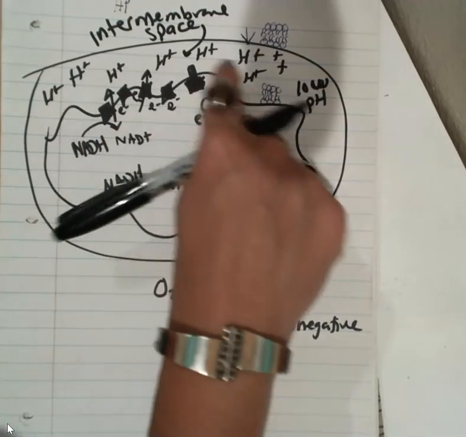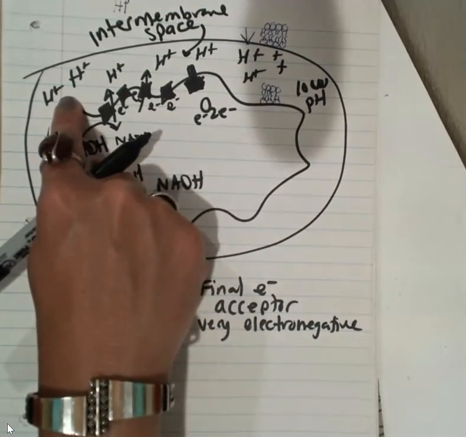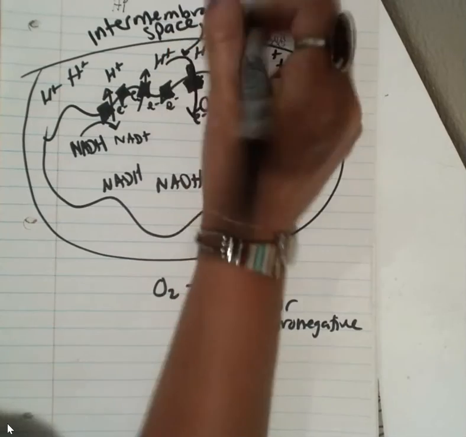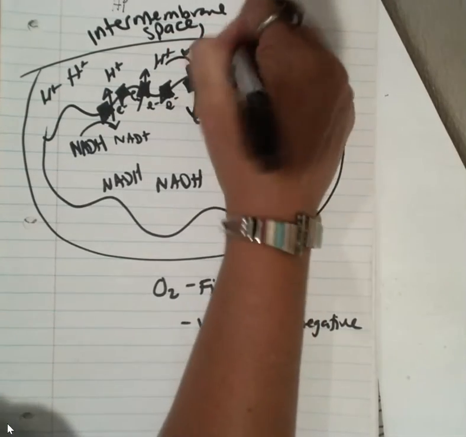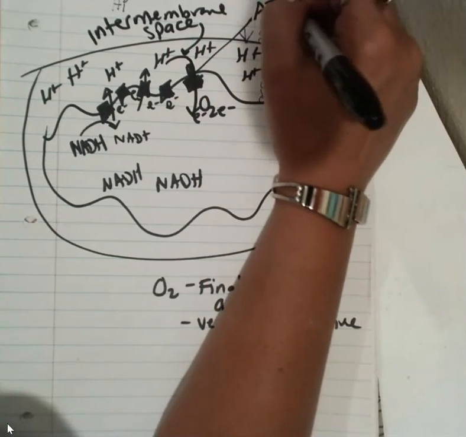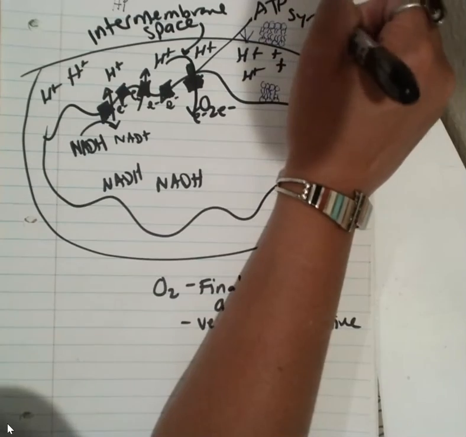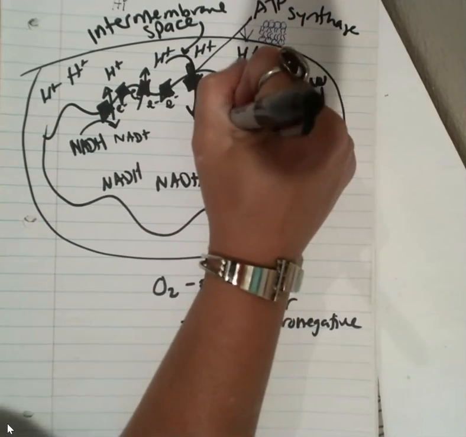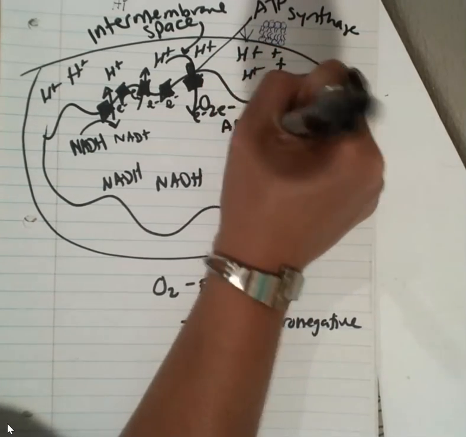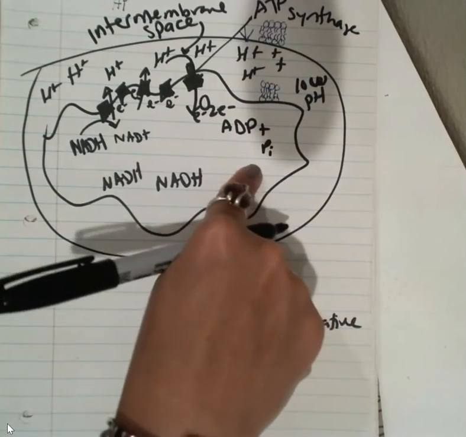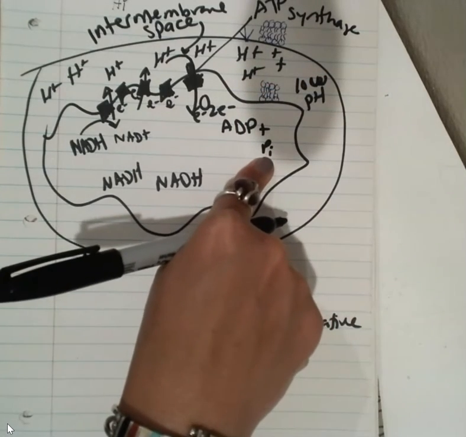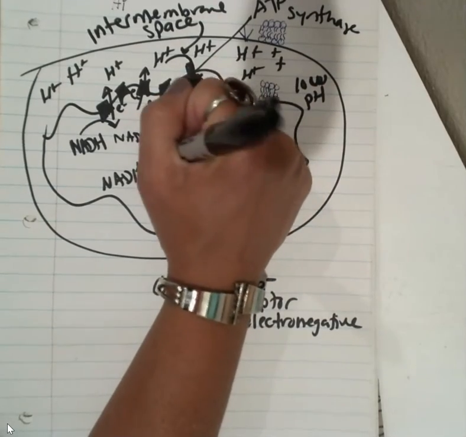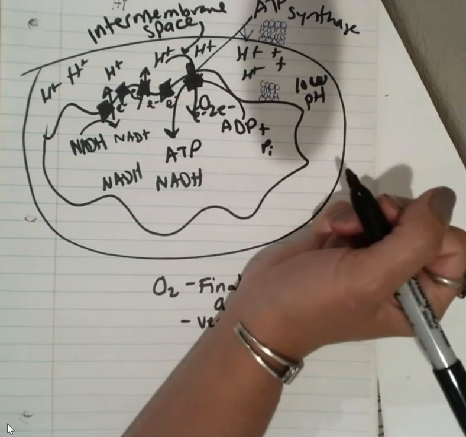There are more protons in this intermembrane space, and over time, they're going to end up flowing through this protein here, which we call ATP synthase. ATP synthase is going to take an ADP plus an inorganic phosphate, which means a free phosphate, and it'll phosphorylate them into ATP.